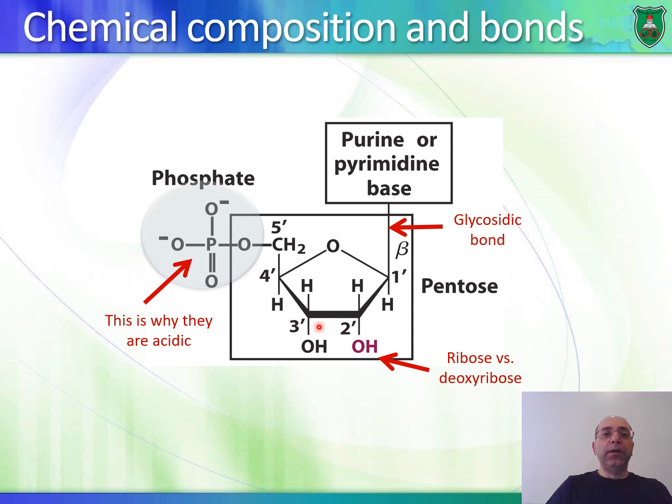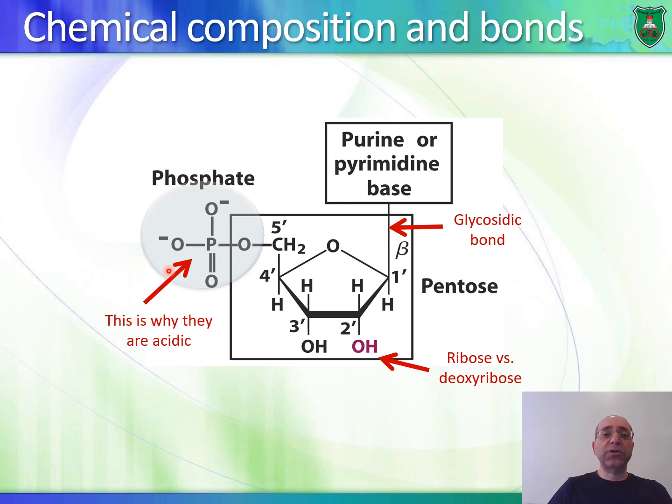Okay, now that's one. Now the other component is a phosphate group. We'll talk about this phosphate group in a second. Note that this phosphate group has negative charges associated with it, and that's what makes DNA and RNA acidic molecules.